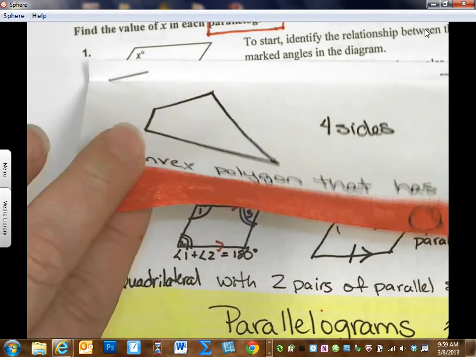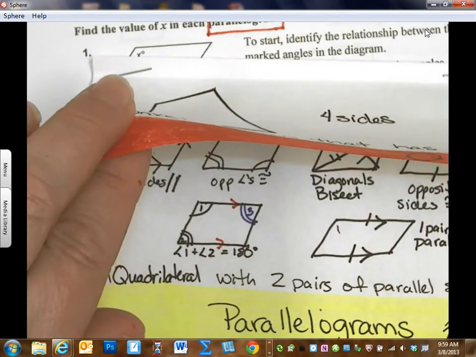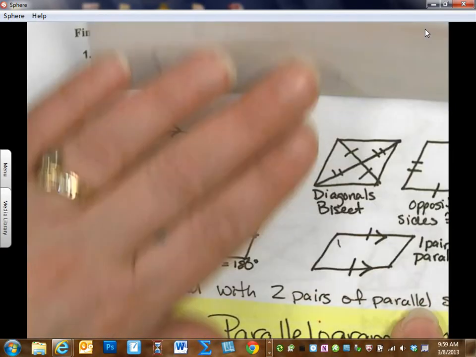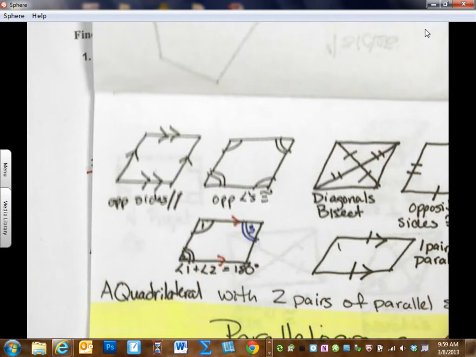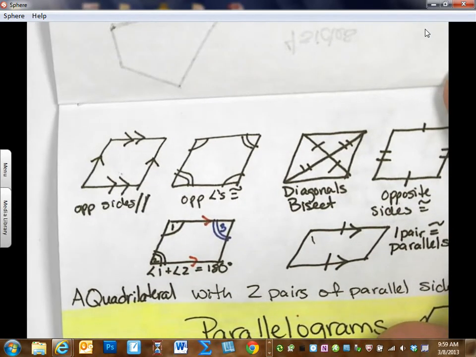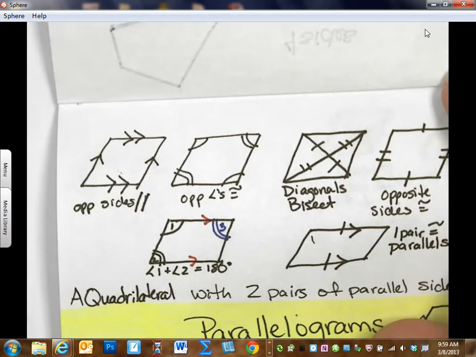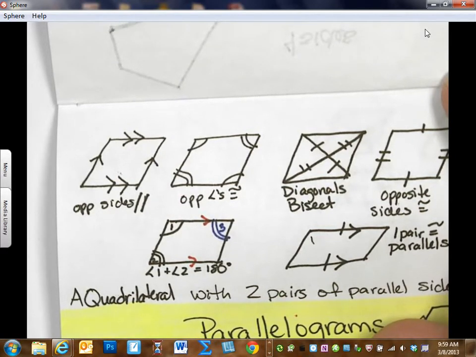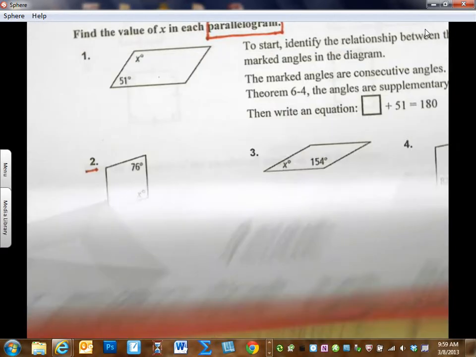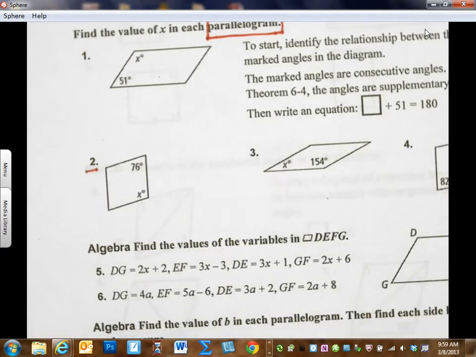We could be using those quadrilateral formulas, but we're primarily going to be focusing on these properties of the parallelogram. What are my 5 properties of a parallelogram? Opposite sides are congruent, opposite angles are congruent, the diagonals bisect each other, opposite sides are parallel, and consecutive angles are supplementary. Those are my 5 properties of a parallelogram.